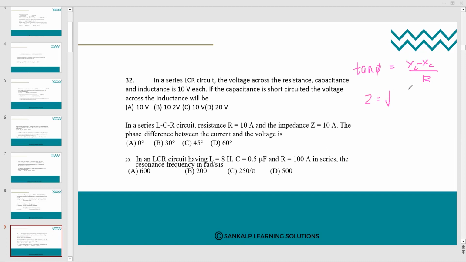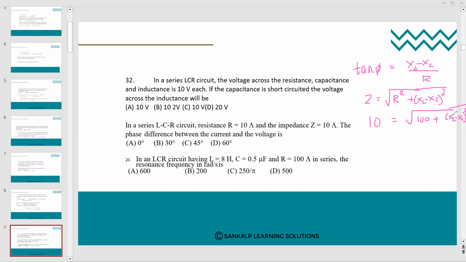Z is equal to under root of R square plus XL minus XC whole square. So which is equal to Z is equal to 10. So substitute 10, which is equal to under root of R square, R square is 100, plus XL minus XC whole square. So we require XL minus XC.